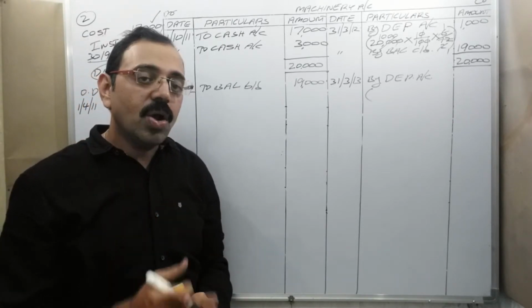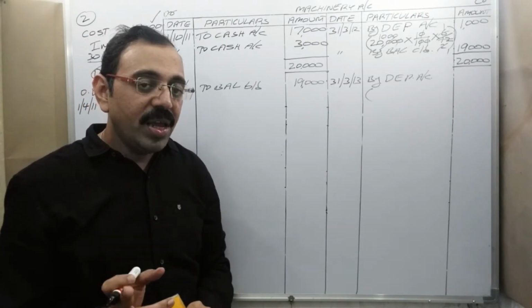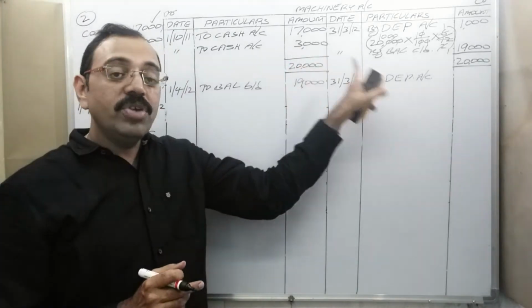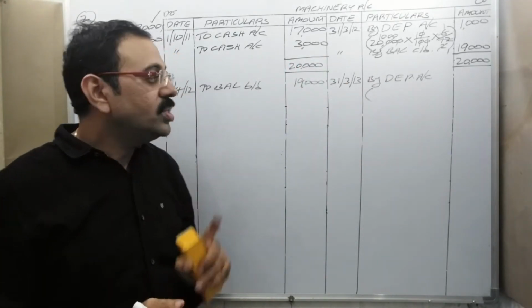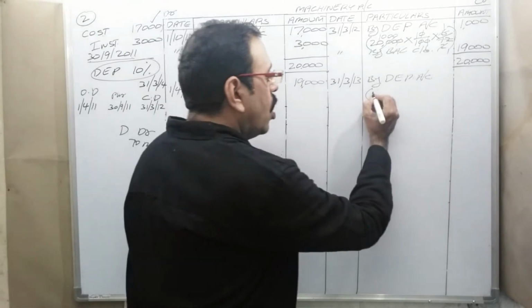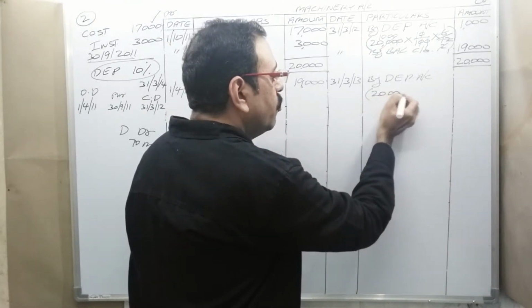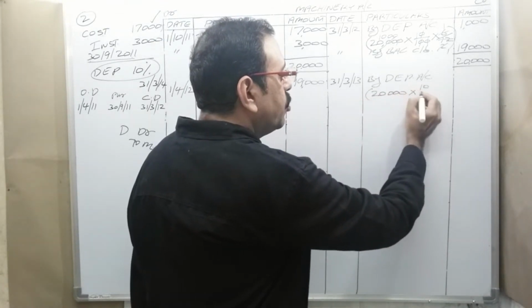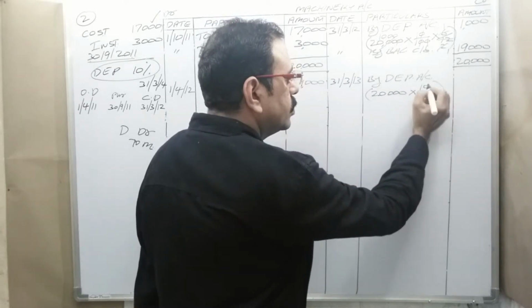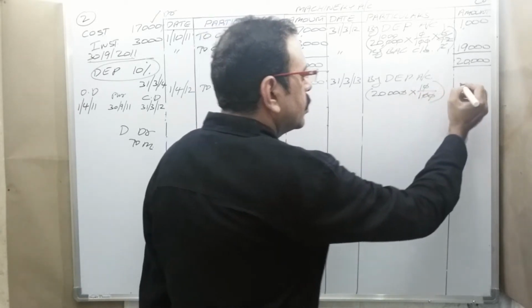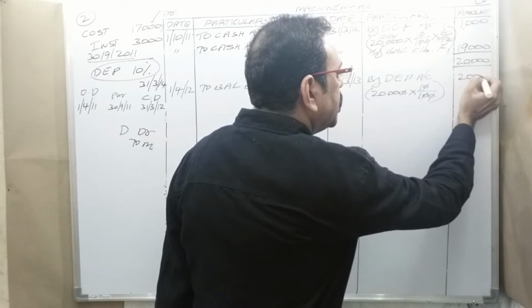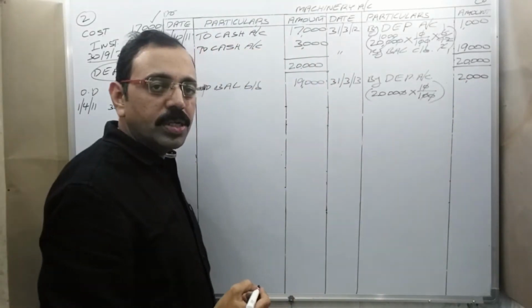And this is the original cost method, no? So every year on the cost of the asset only we should provide the depreciation. So in the second year also, on cost we should calculate the depreciation. So second year depreciation is 2,000 rupees.